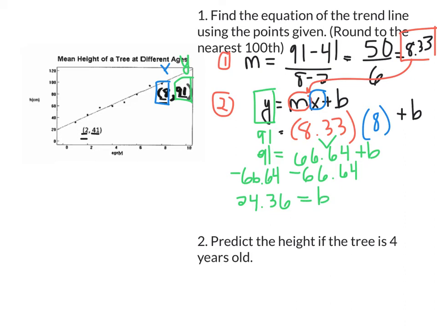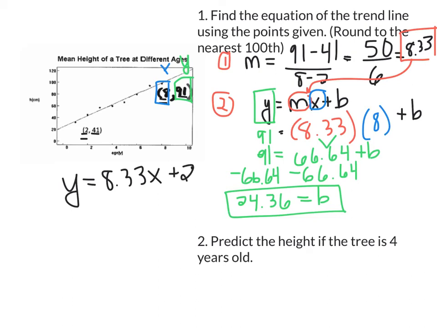So my equation, now that I know b and now that I know m, is y equals 8.33x plus 24.36. And so they want to know, if the tree is 4 years old, how tall will the tree be?